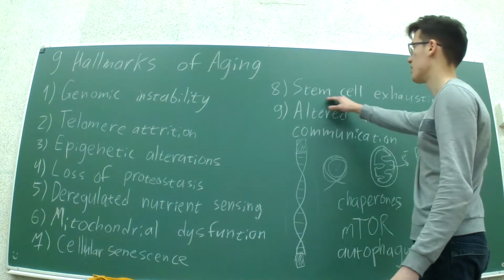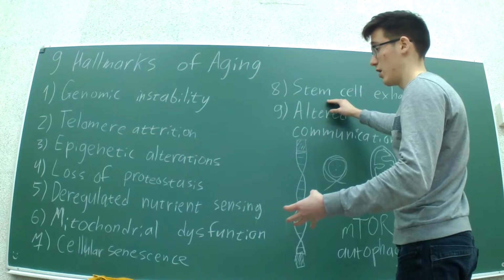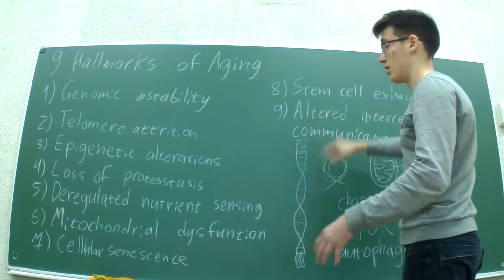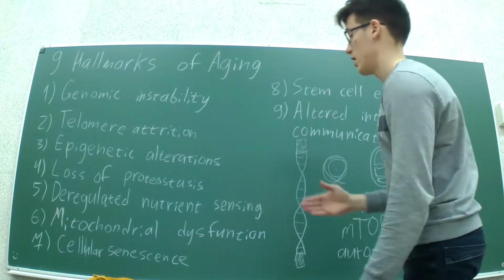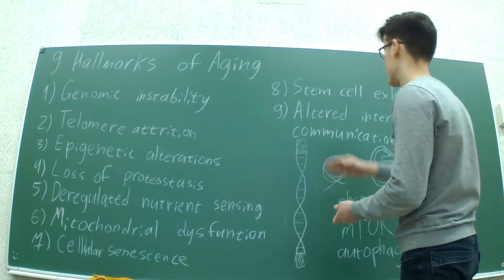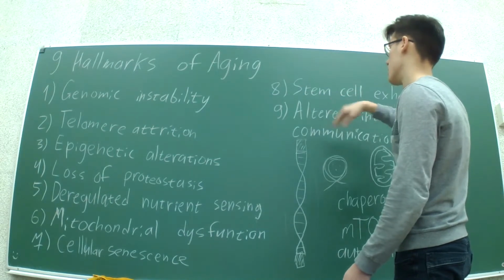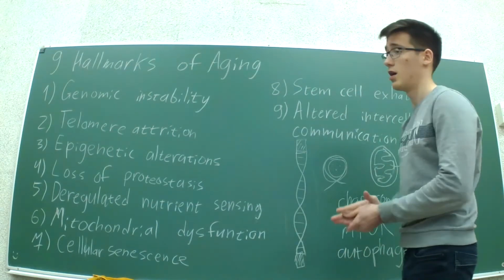Well, stem cells are progenitor cells which can generate new cells in our body. And when many cells become senescent, in order to replace them with new healthy cells, stem cells must divide a lot of times, which results in their exhaustion.